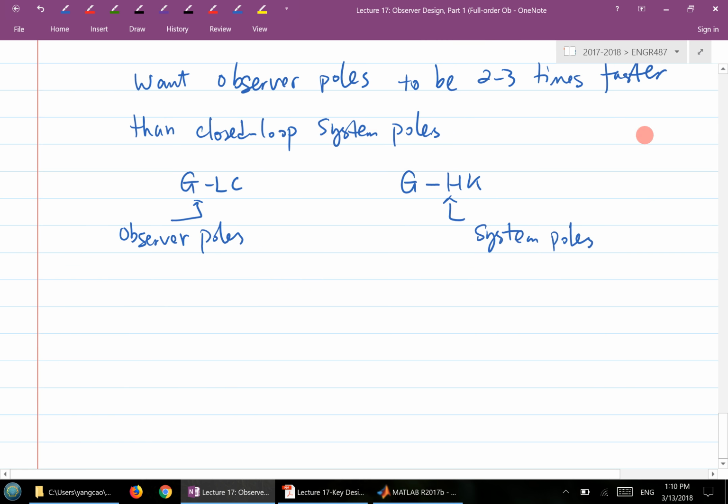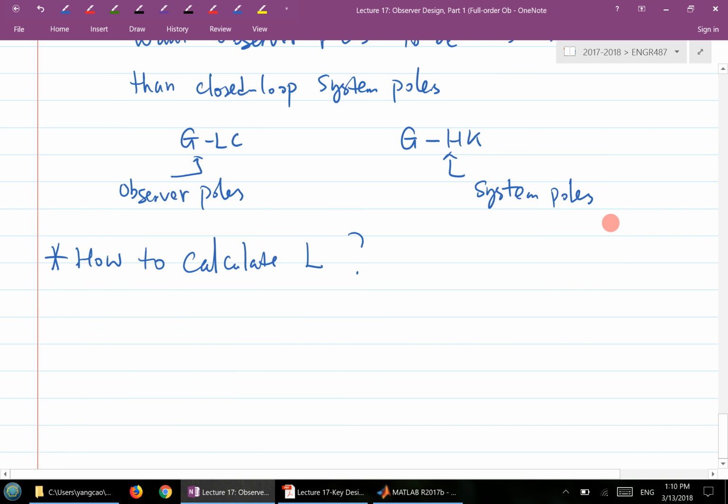Now the last part of the question for this full order observer is, how do we calculate this L to come up with certain observer poles? We're not going to derive the calculation.